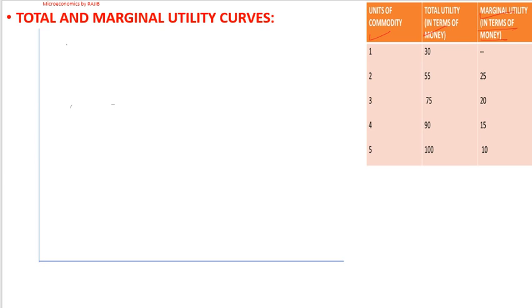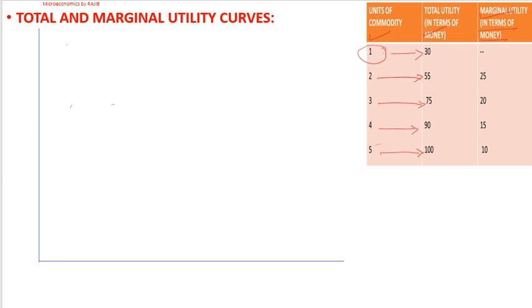From the first unit the total utility you derived is 30, from the second unit the total utility is 55, from the third unit 75, from the fourth 90, and from the fifth 100. These are the total utilities you derive from the consumption.